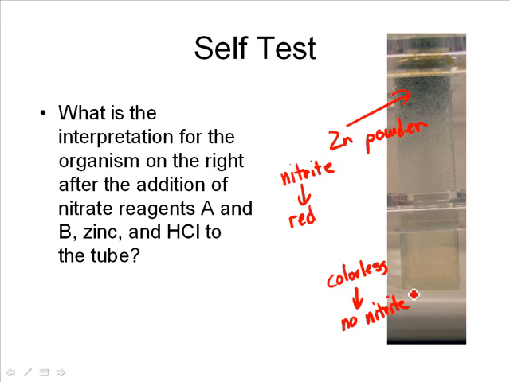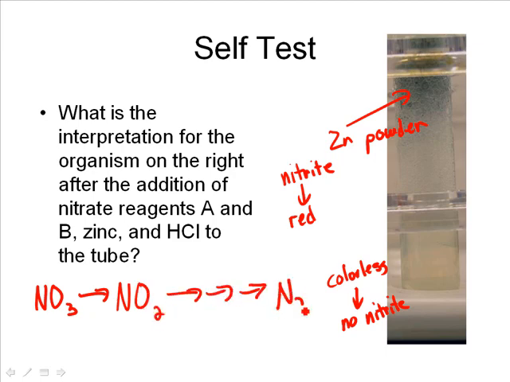So, the addition of zinc and HCl, resulting in a colorless tube, means to me that nitrate was originally reduced to nitrite, and that nitrite was then denitrified to other nitrogen species. Therefore, you could add all the zinc and HCl you like, but that nitrite was already converted by the organism through denitrification. And so what we have in this tube essentially is nitrogen gas. Or actually the nitrogen gas probably has escaped from the tube.